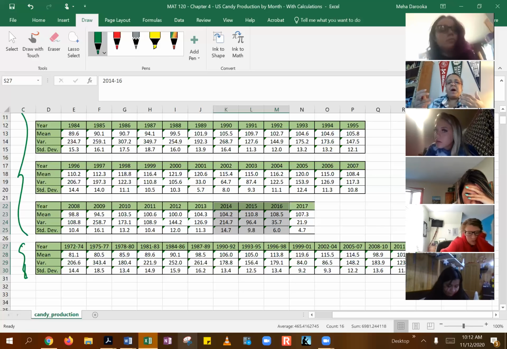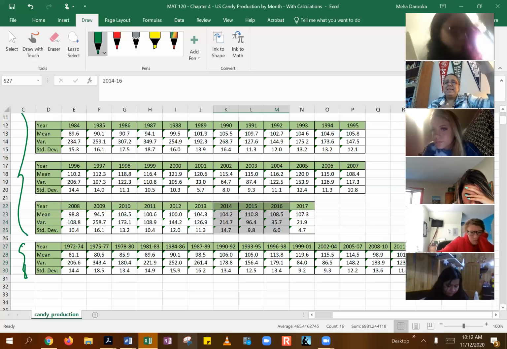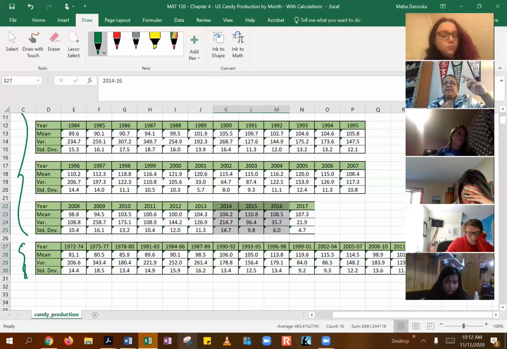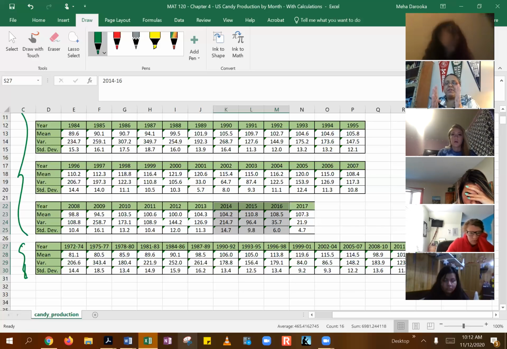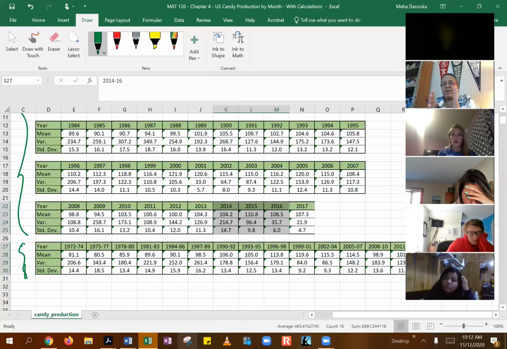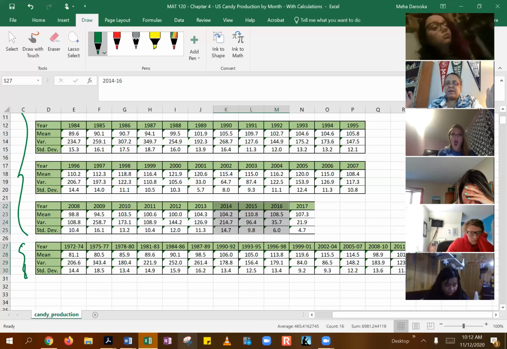But honestly, the entire 1972 to 2017, that would have been our population. So even when you did that 3-year calculation together, technically that should still be considered a sample, right? Because you were not doing the entire data set itself. And so that's why I was really interested in seeing what calculations you used.